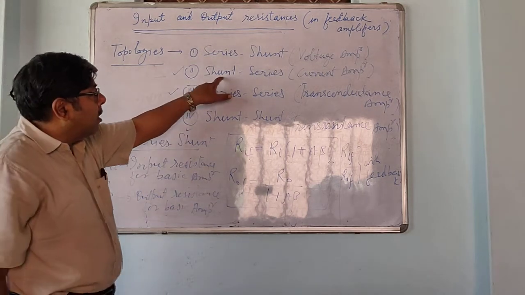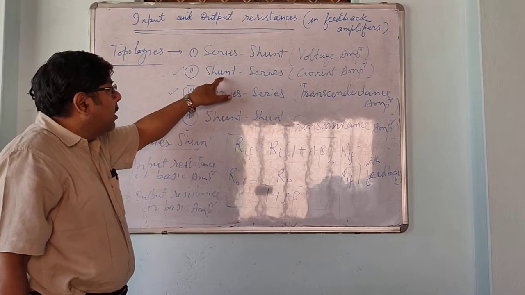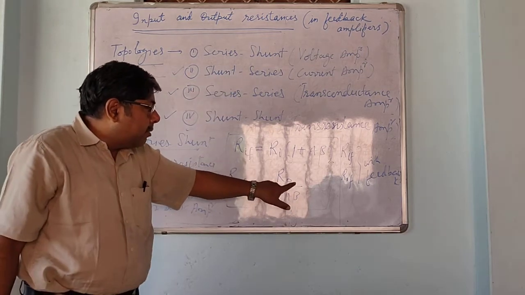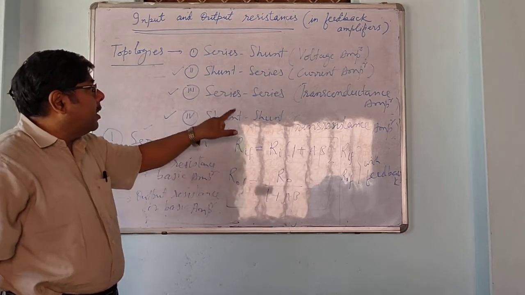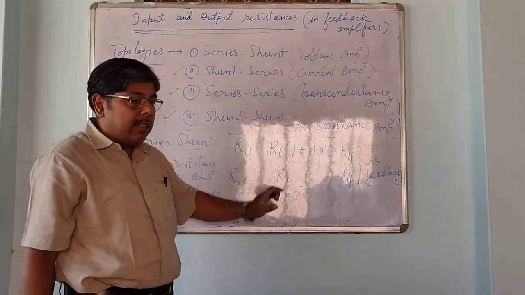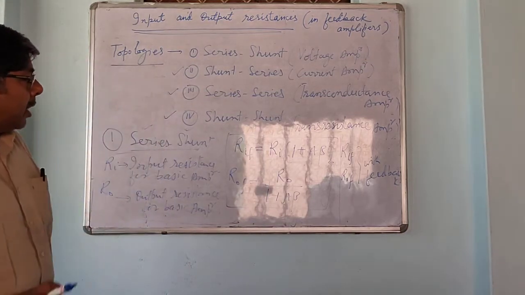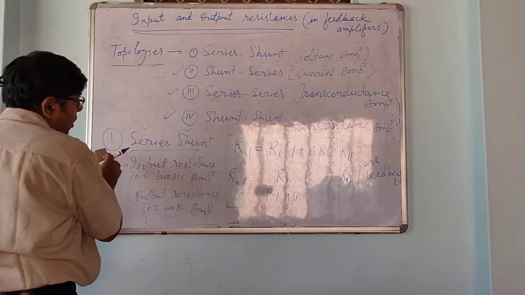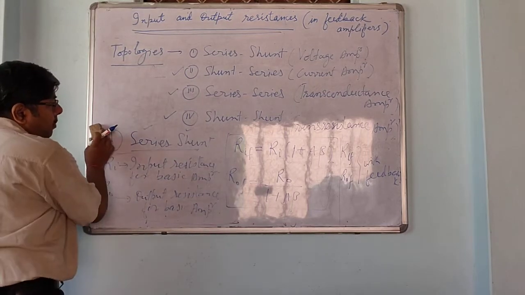If connection is shunt, then obviously resistance is divided by this term. If connection is in series, then it is multiplied by this term. We will follow the same procedure for all other three topologies. So this is for first one.